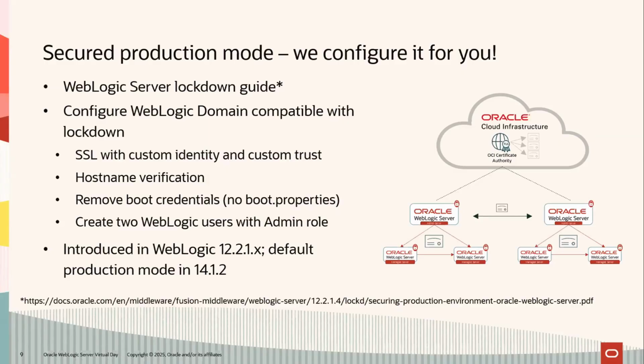OCI certificate authority is an OCI service that you can simply go and create, and it can work very well as a private certificate authority. So this will not be recognized as a certificate authority that is by default installed on JDK trust stores, but this can definitely work for your company, or in this case, for all the domains that you build within OCI.